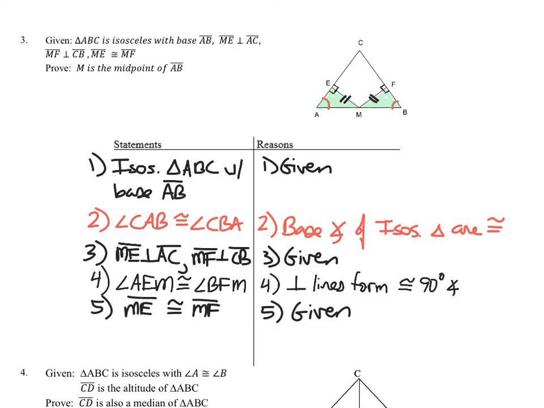So we got a couple more steps in here. I have two sets of corresponding congruent angles, and a pair of corresponding congruent sides that are not contained within those angles. So another AAS. So triangle AEM congruent to triangle BFM.